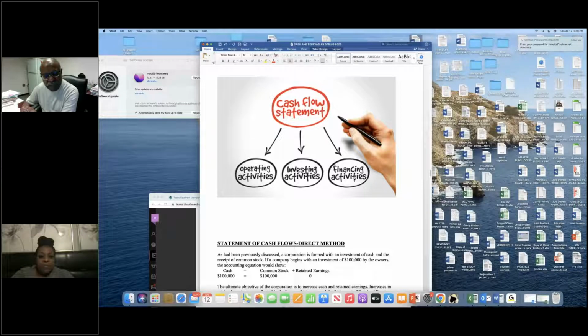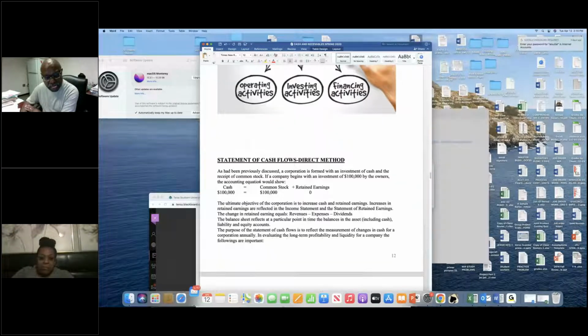How do they pay for these investing activities? If you remember, the first journal entry we always made was what? Debit cash, credit common stock. And the objective of the business is always, at the end of the day, to increase cash through earnings.